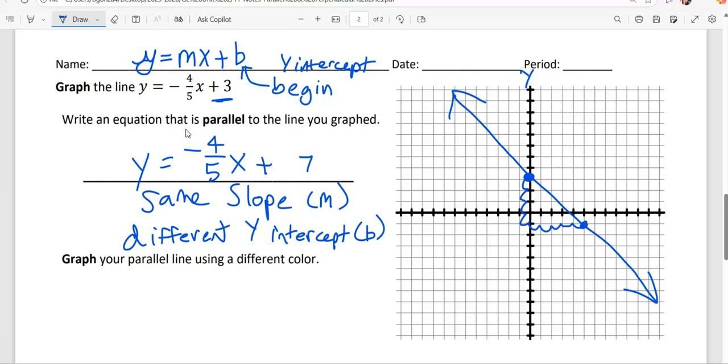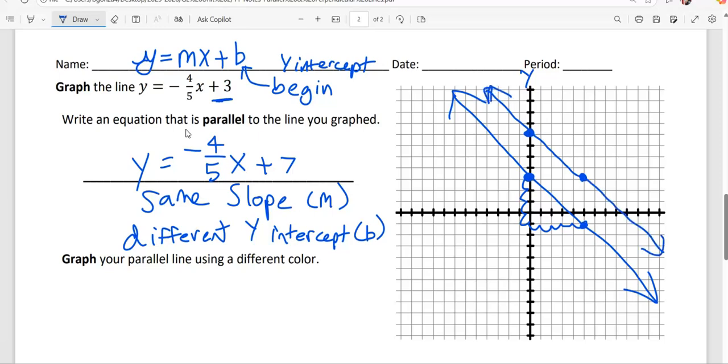So go ahead and put a point at 7. 1, 2, 3, 4, 5, 6, 7. We're going to begin at 7, and then we're going to have the same slope. Down 4, 1, 2, 3, 4, over 5, 1, 2, 3, 4, 5. And then use your straight edge to make a straight line.